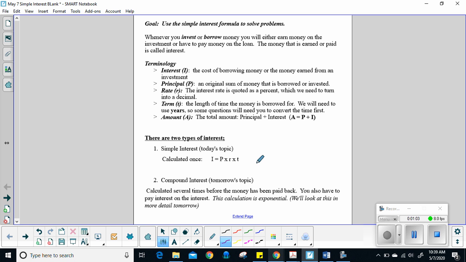So our simple interest formula is I = PRT. I stands for interest. P is our principal, so that's what you start with. R is your interest rate as a decimal.